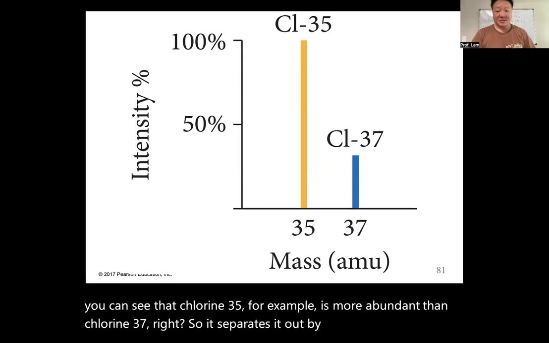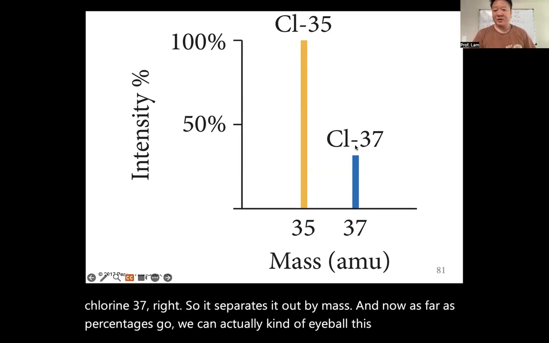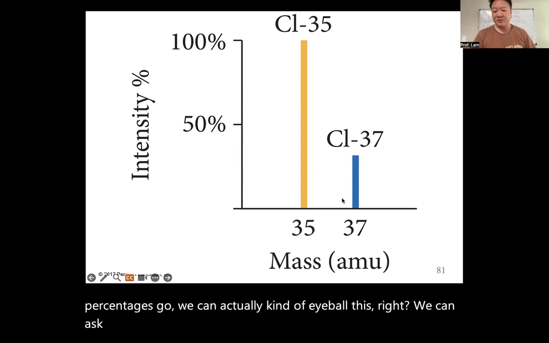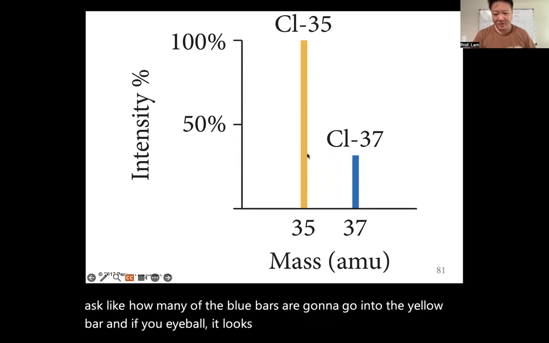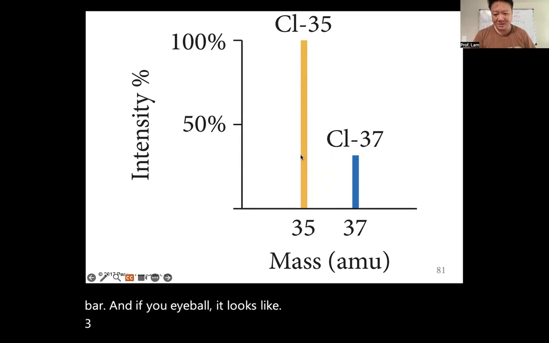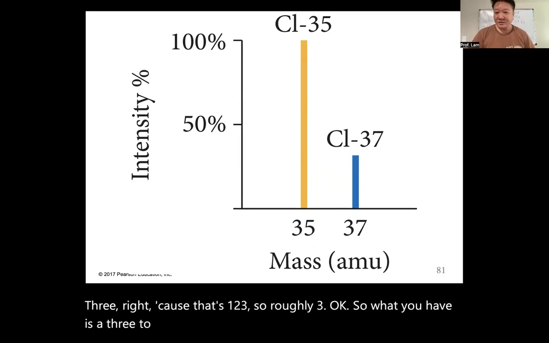And as far as percentages go, we can actually eyeball this. We can ask how many of the blue bars are going to go into the yellow bar. If you eyeball it, it looks like 3, because that's 1, 2, 3. So roughly 3. So what you have is a 3-to-1 ratio.